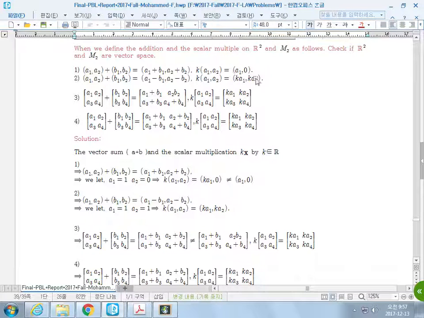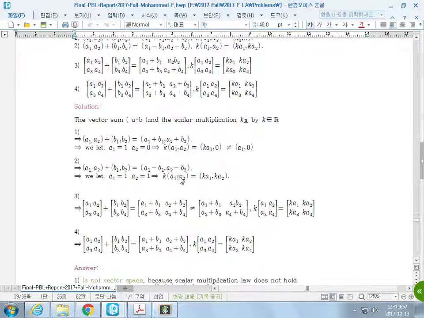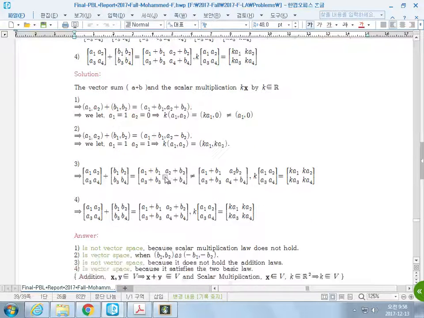But it doesn't satisfy the given problem. So this is not a vector space. In the second one, the same thing, we let A1 equal 1, A2 equal 1. In this one, it satisfies the addition law, and it satisfies the scalar multiplication law. So this is a vector space.